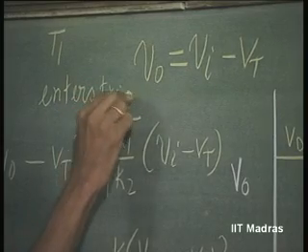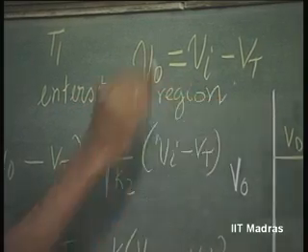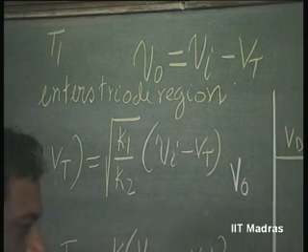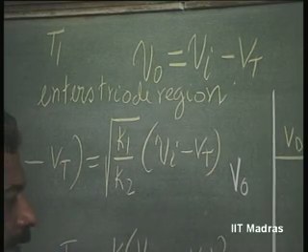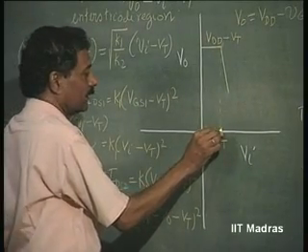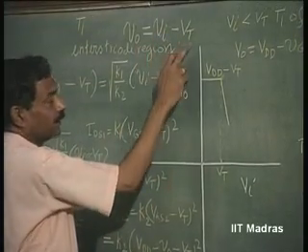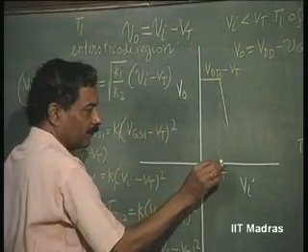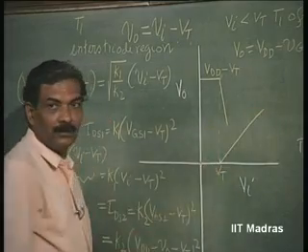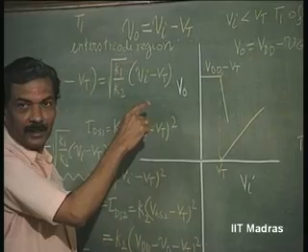Triode region. So, this is nothing but a line. Let us say this is a line which is starting at V naught equal to 0, Vi equal to Vt, with a slope of 1.